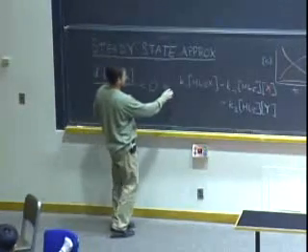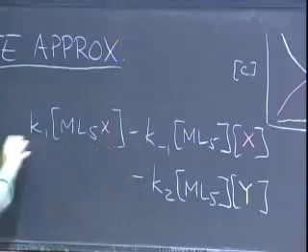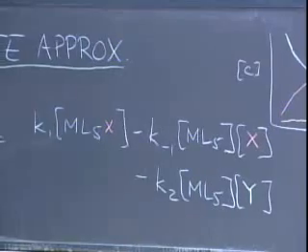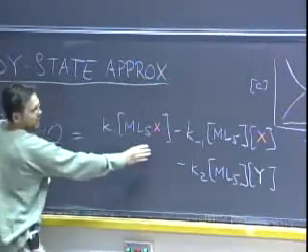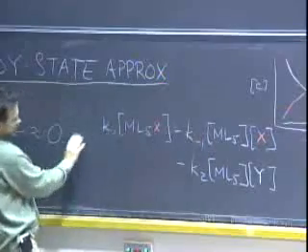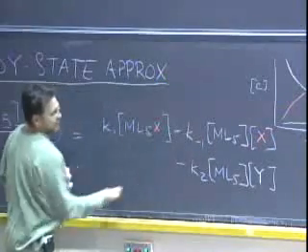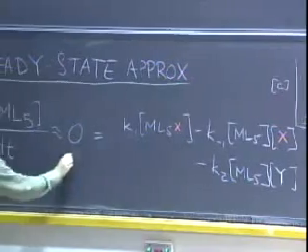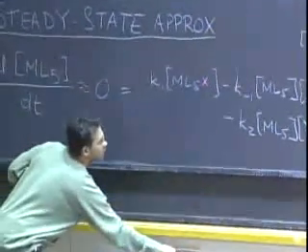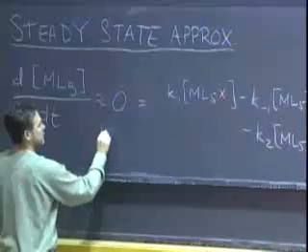And if we look at this, we've set it equal to 0, meaning that ML5 isn't building up. And so now what we can do is we can rearrange this expression and solve it for the concentration of ML5. And you'll see that you can do that here.